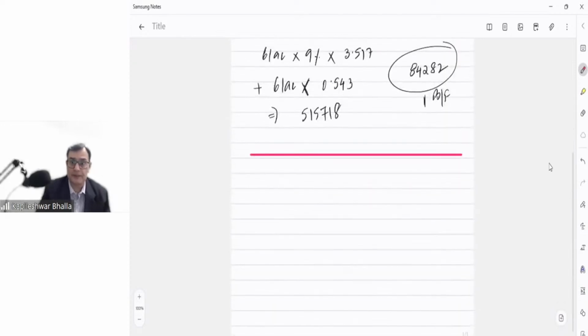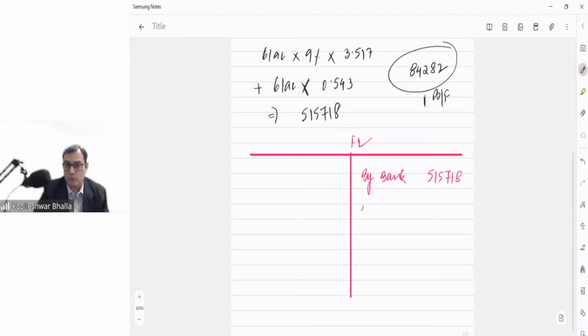So I'm going to consider the ledger account for the financial liability for a period of 3 years. We'll make the ledger account up to the date of early conversion, early redemption, I would say. So we put the entry by bank on 1st April X1, and that's to the extent of 515,718.